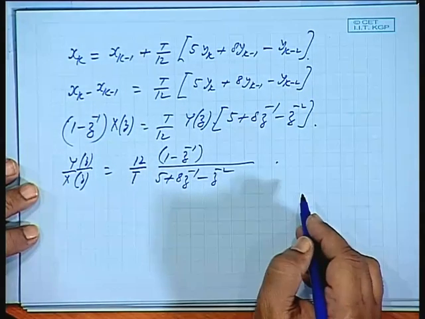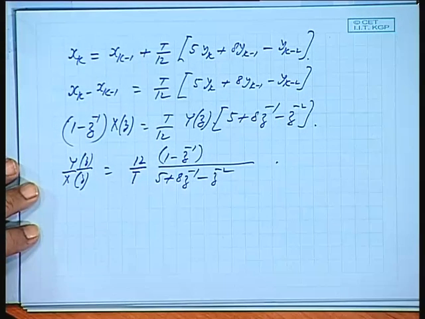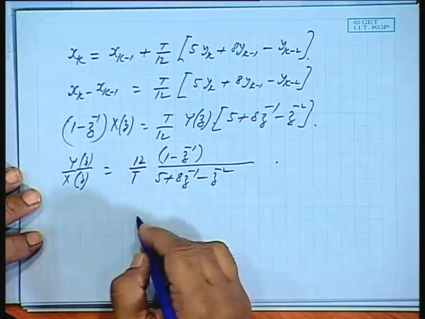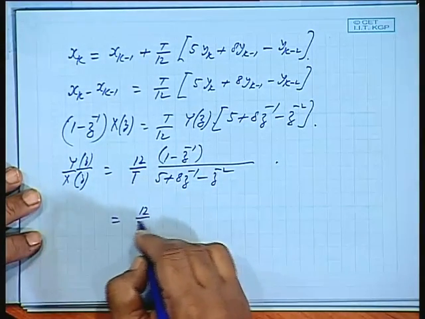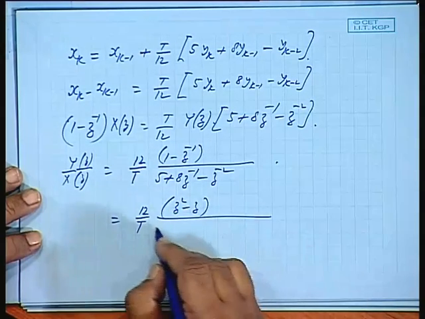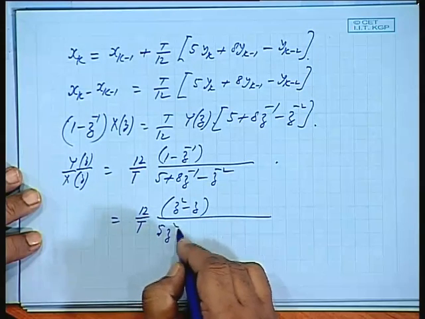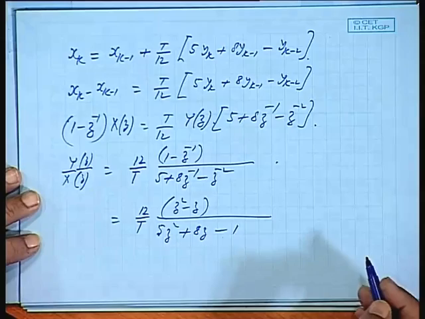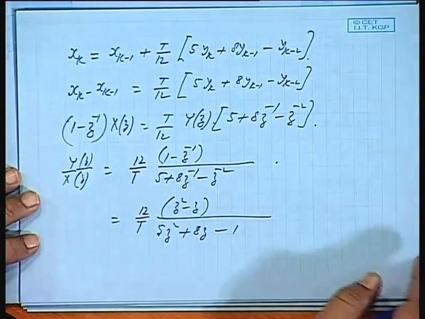This is a second order approximation. You can multiply by z square. So, it will be 12 by t z square minus z divided by 5 z square plus 8 z minus 1. So, this is a second order approximation.